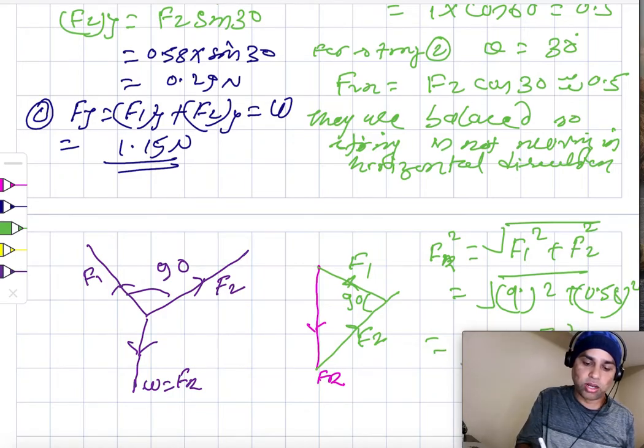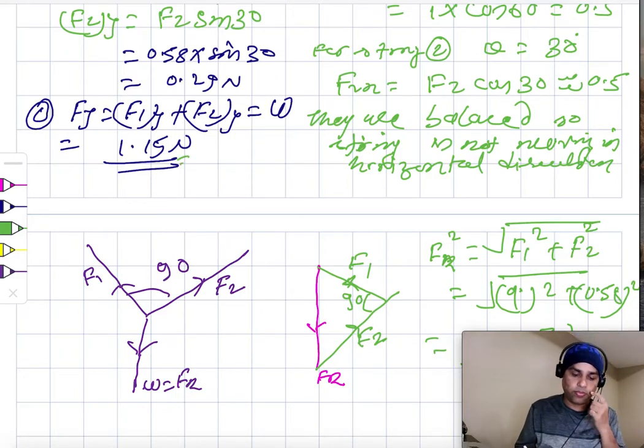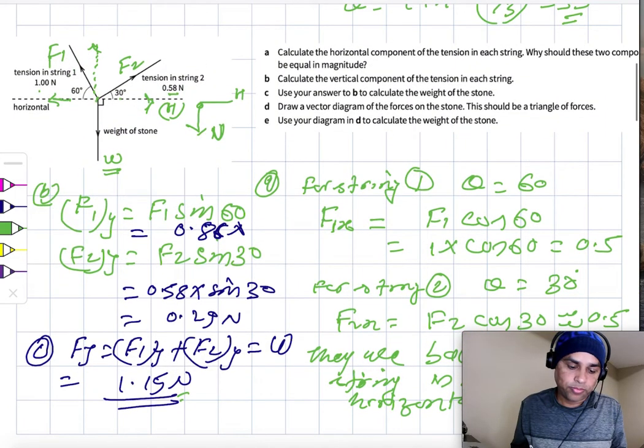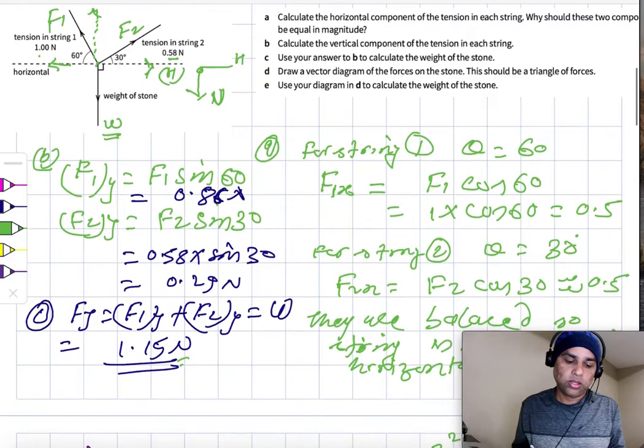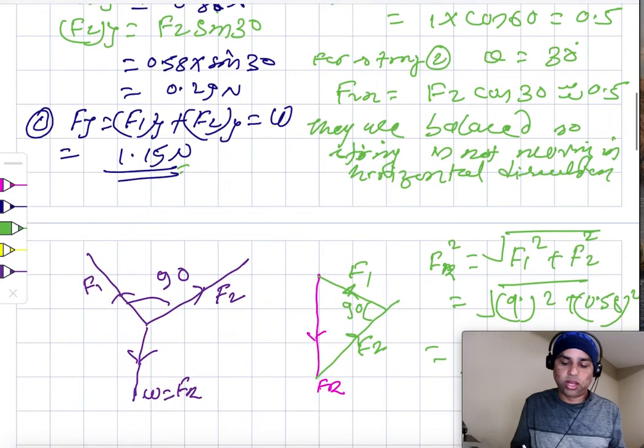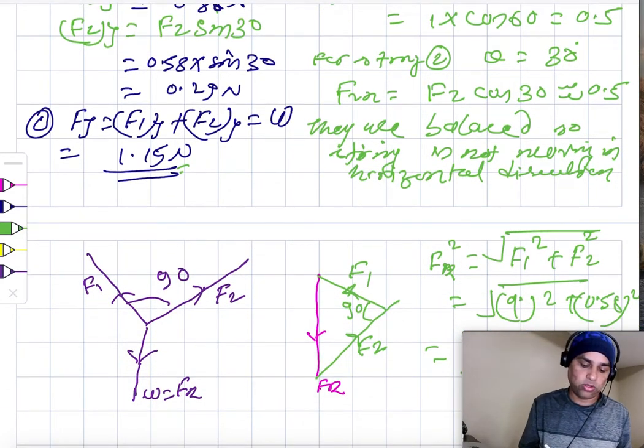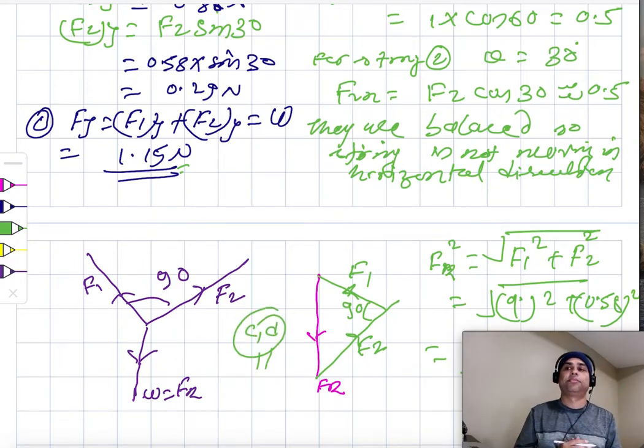And this is the same force we calculated previously using another technique. And what is the last part? Use the diagram to calculate the weight of the stone. So we calculate the weight of the stone, so this is C and D. In this way we can combine more than two forces.